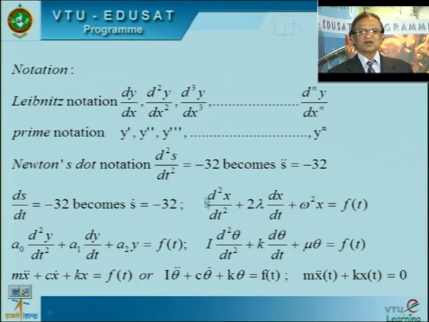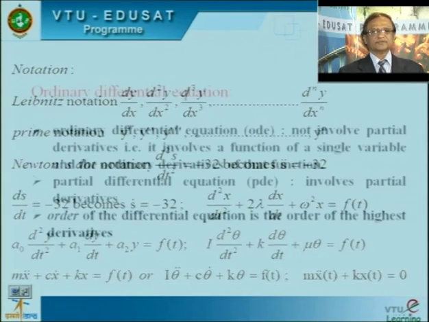Or sometimes we can use variables x and t, lambda, omega square. Sometimes the right hand side may be equal to 0, may not be equal to 0. Depending upon the problem we use various notations like I, theta, mu, and so on. These are the different notations to represent ordinary differential equations.